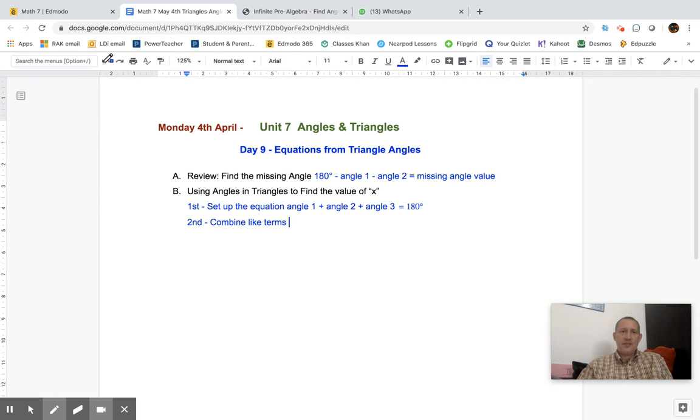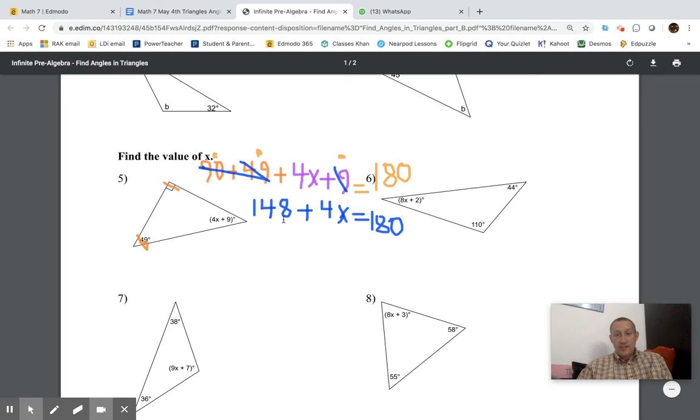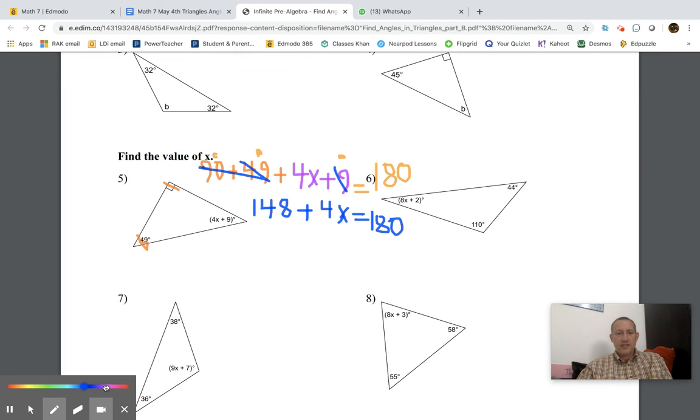And then the last thing we do is we're just going to solve for x using two steps. So the first step is I'm going to subtract the whole number. I'm going to leave x by itself, leaving that there. I always want to leave x alone, as long as you only have one x remaining.